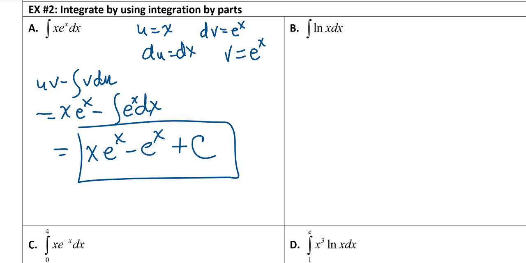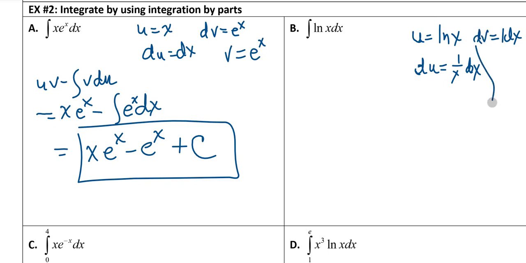So what we could do is we can let u, following our little LIATE formula, be ln of x, and we can let dv be really just the dx, or 1. So when we take the derivative of u, du is going to be 1 over x dx, and when we integrate dv, we're just going to get x.